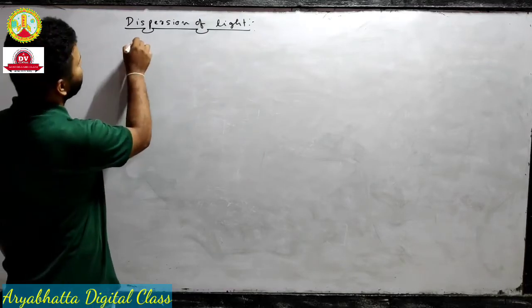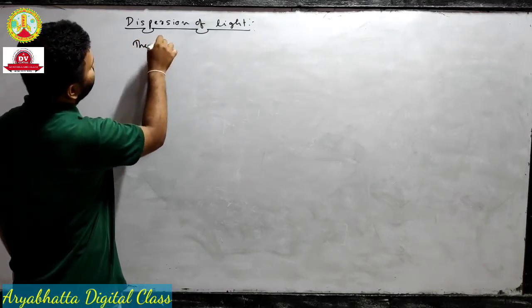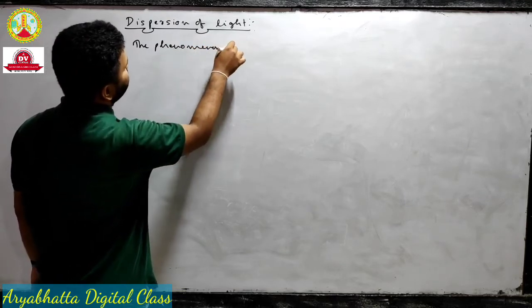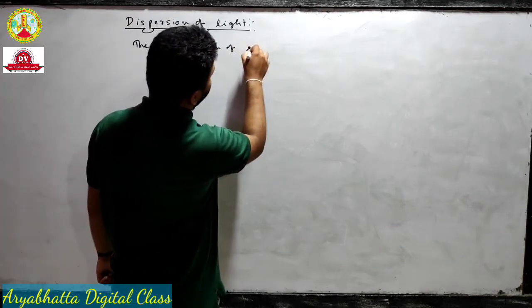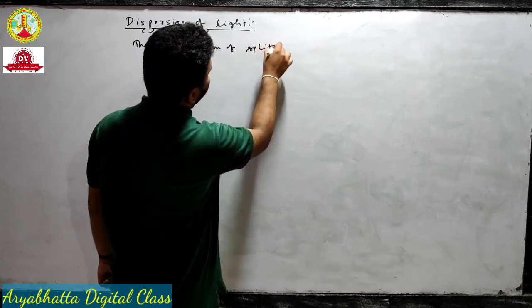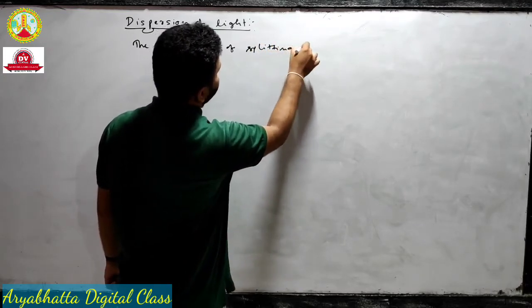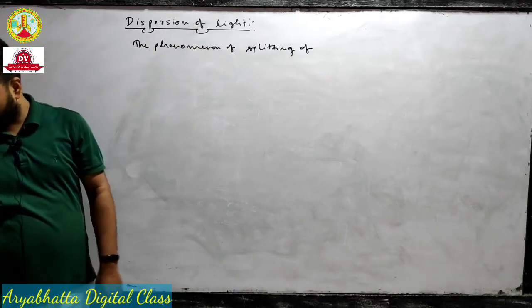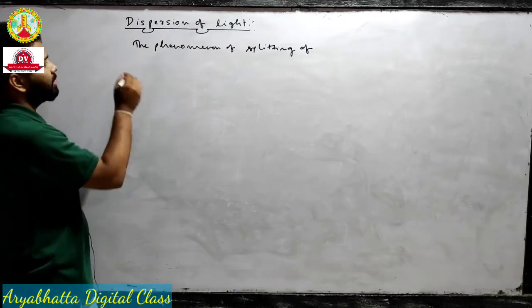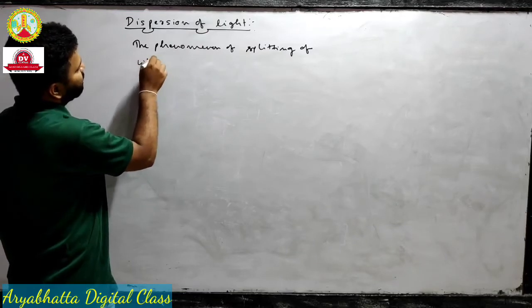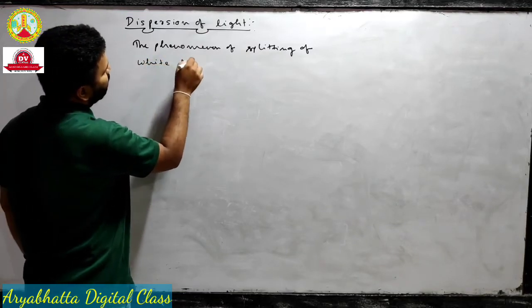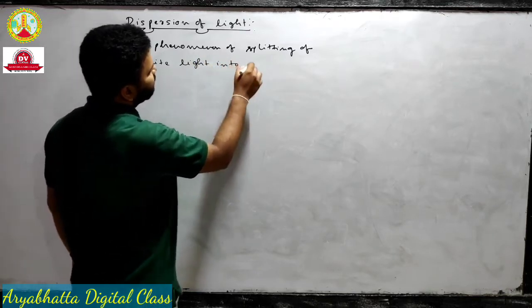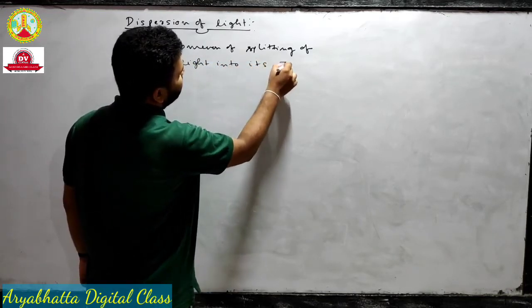Okay, so dispersion of light means the phenomenon of splitting of white light into its how many colors? 7.